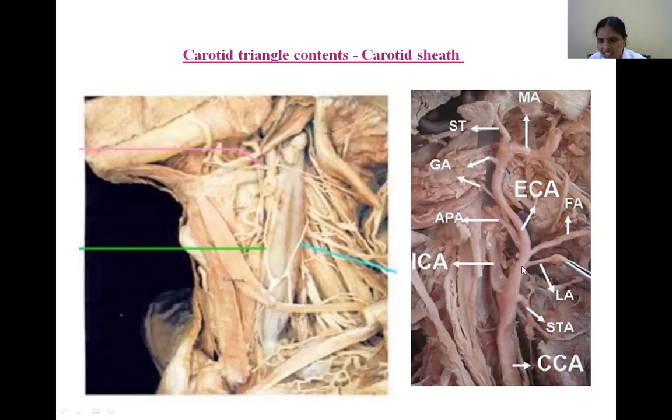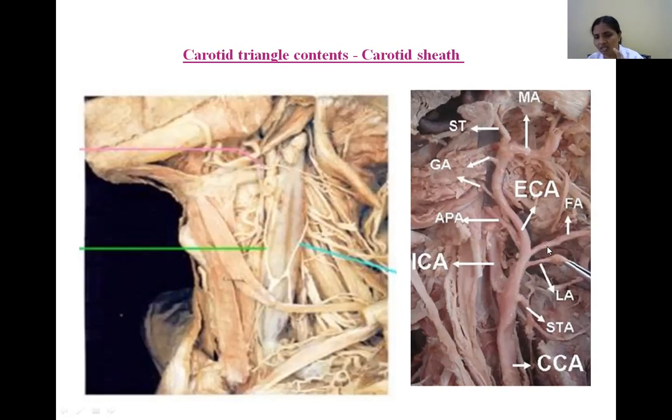And the third branch is the lingual artery. Okay, so this is the lingual artery. Just above that, this is the facial artery. So the anterior aspect of the external carotid artery gives off all 3 branches: superior thyroid artery, lingual artery, facial artery.